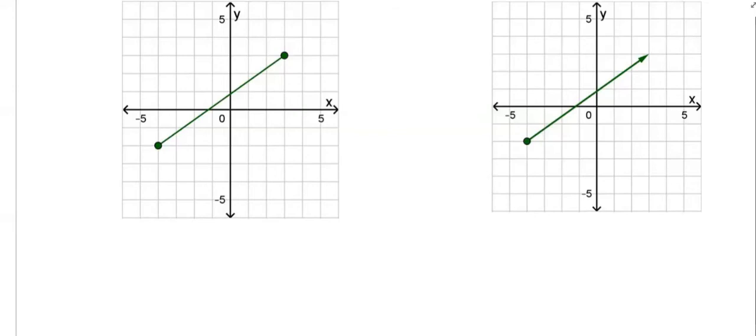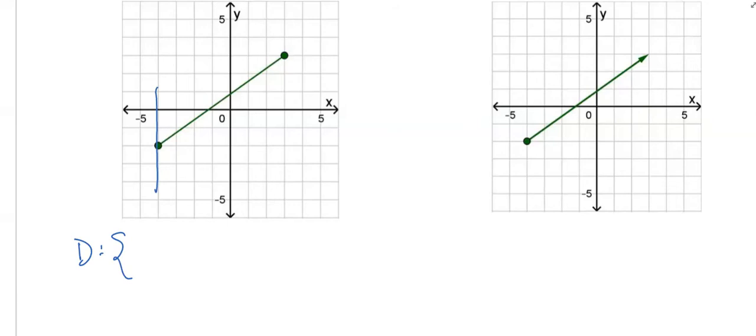So what is the domain for this one? What are the possible x values? Will it ever get to negative 5? What does it stop at going this way? Ellie? 3. I was doing the other way, yeah.